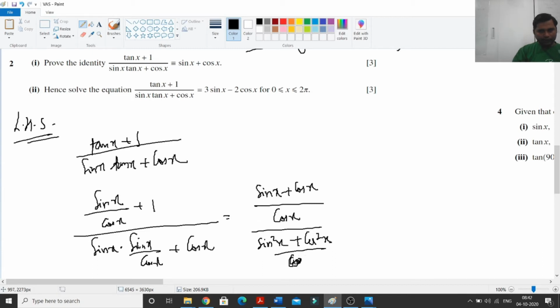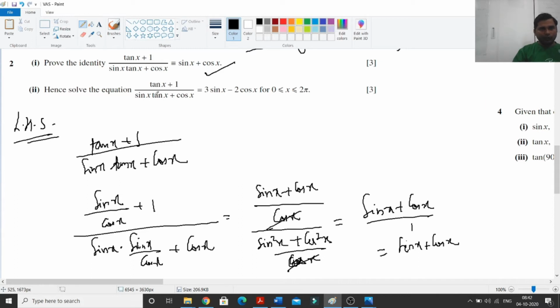Cos x is the LCM, so you'll get sin square x plus cos square x. This cos x and cos x get cancelled, and here sin square x plus cos square x is 1, so sin x plus cos x divided by 1, which will give you sin x plus cos x. This is what we have to prove.